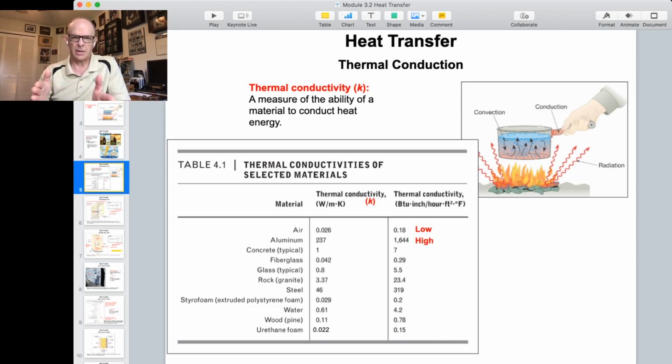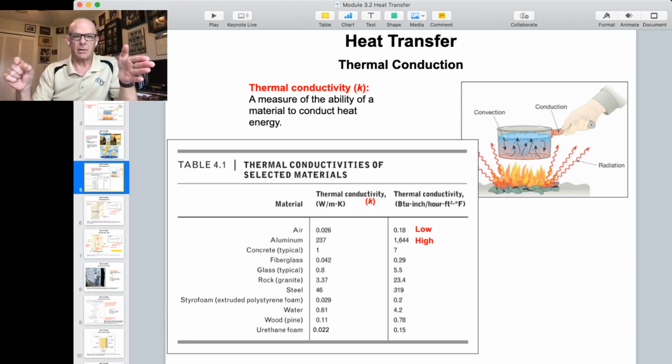So if I take, for example, in the slide here, we see values, for example, steel has a thermal conductivity of 46 watts per meter Kelvin. And what that means is that if there's a 1 Kelvin temperature difference across 1 meter of steel, 46 joules of energy will flow through that steel per second.